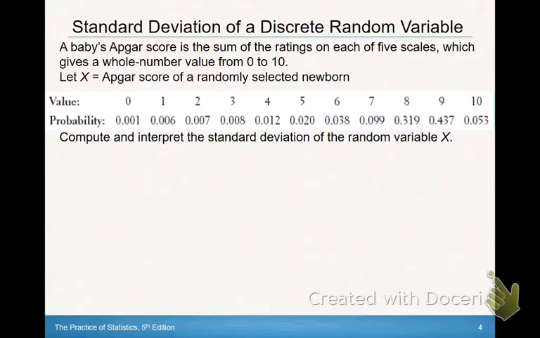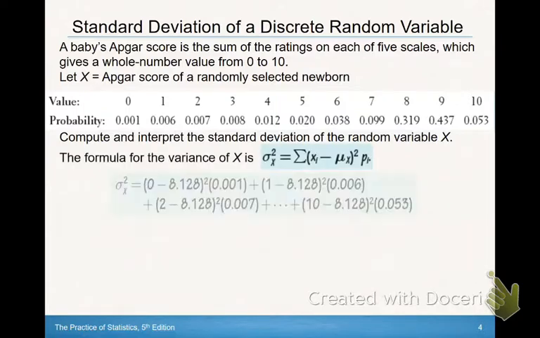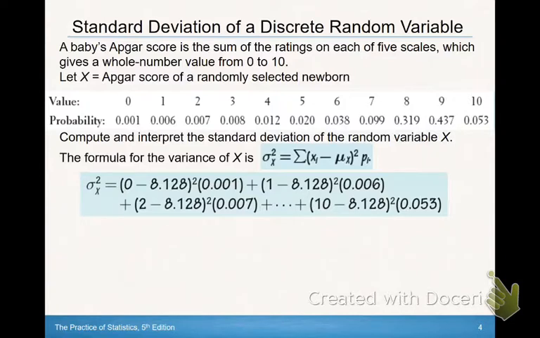Looking at the baby's APGAR score example, we found the mean to be 8.128 back in the last video. To find the standard deviation, first we find the variance, where we take each x value. Right here, we took this x value, 0, subtracted the mean, squared it, and multiplied by the probability.